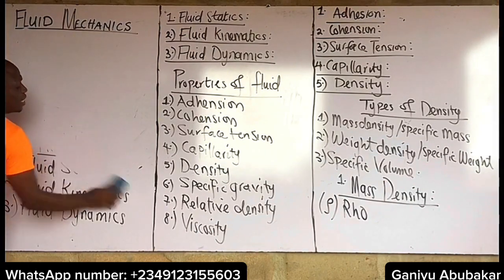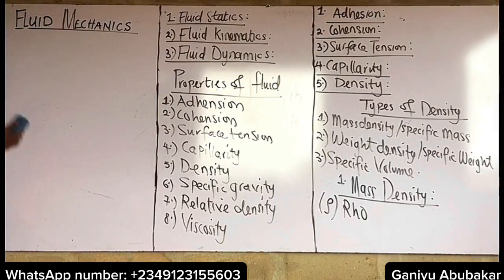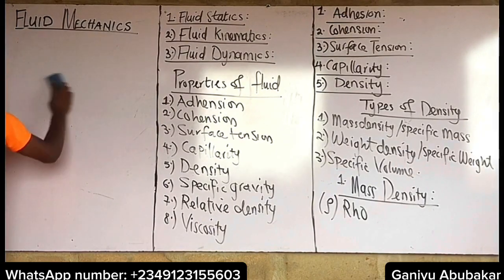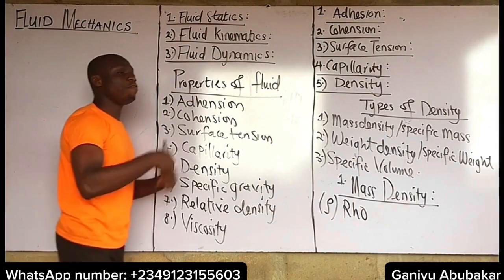So mathematically, mass density, which is rho, is equal to mass over volume. Mass density is simply the ratio of mass acting per unit volume of a fluid.